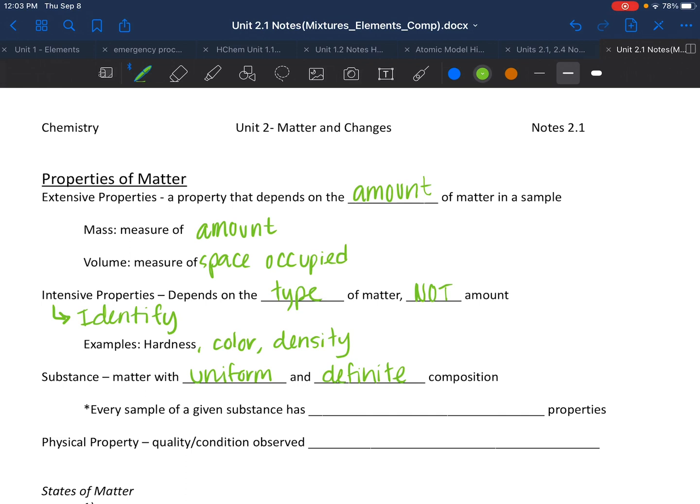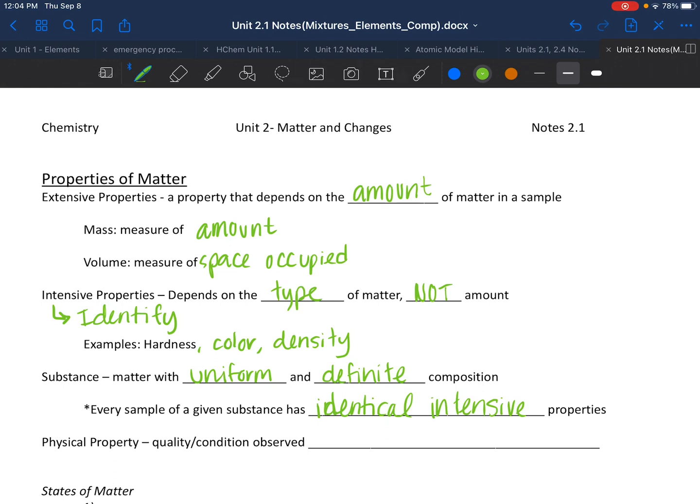But the key with substances is that they have to have identical intensive properties. Which makes sense. If they're uniform, every part of it better be the same if we use that to identify it.